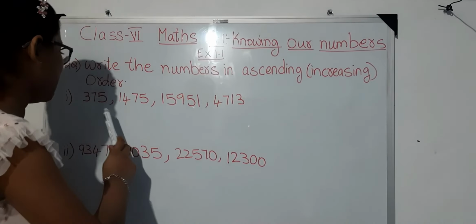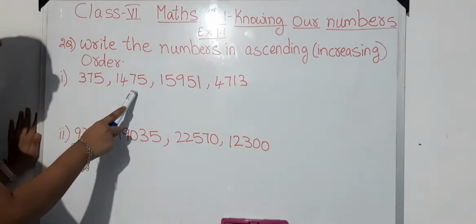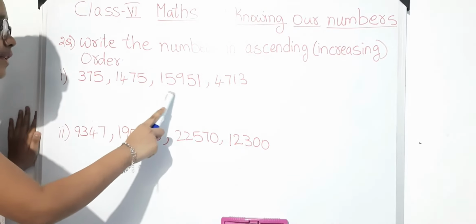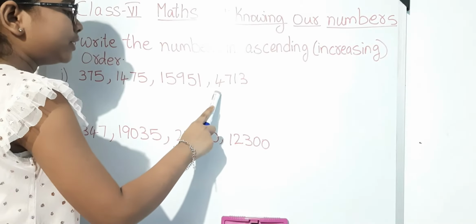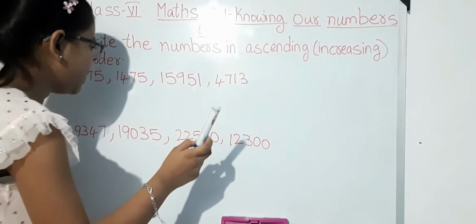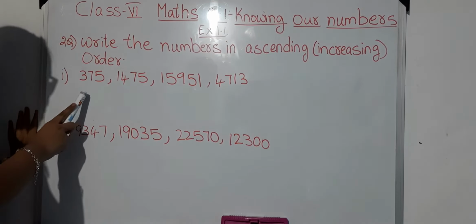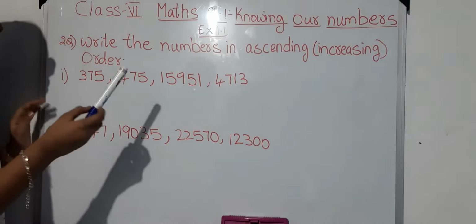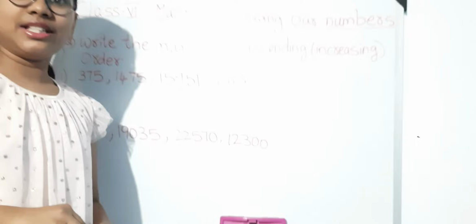So the first problem is 375, 1475, 15,951, 4,713. Ascending order is also known as increasing order.